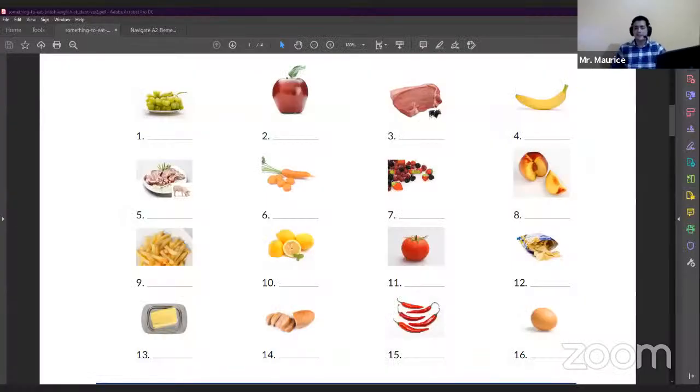Okay, I think 180% is enough. Okay, that's perfect. Okay, so let's carry out this activity, guys.